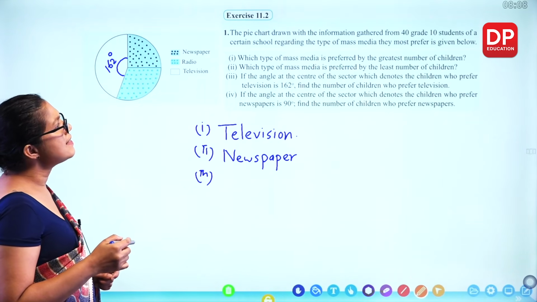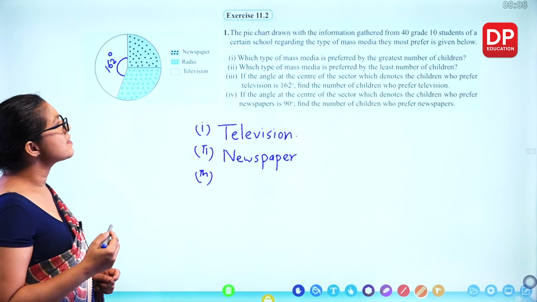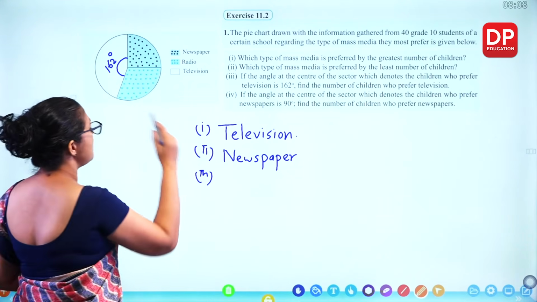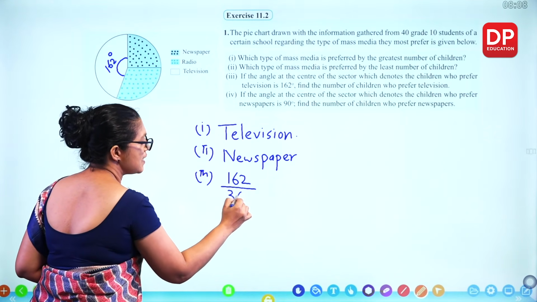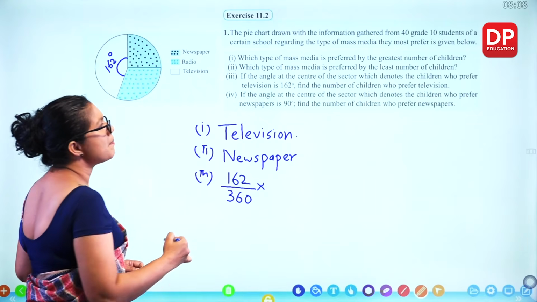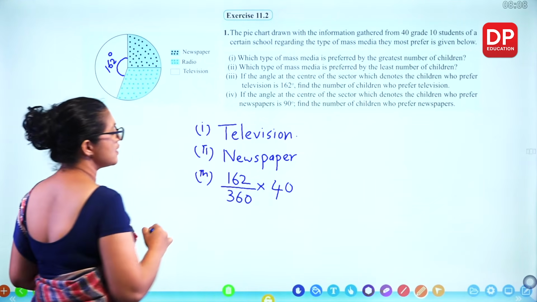So here it says altogether, how many students? 40 students. And the angle is 162 out of 360. So we multiply the fraction with the total number of students.